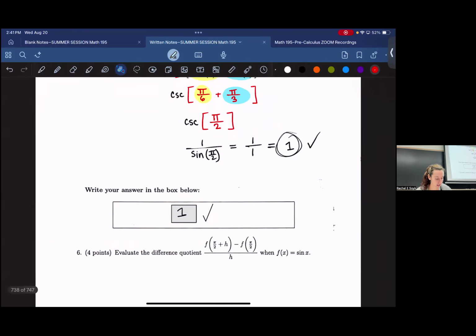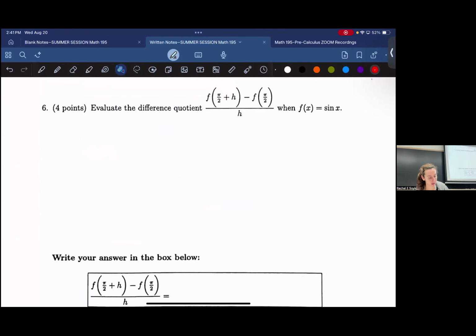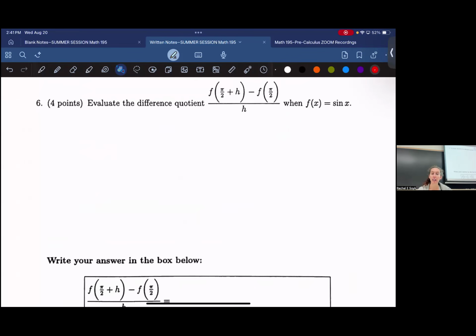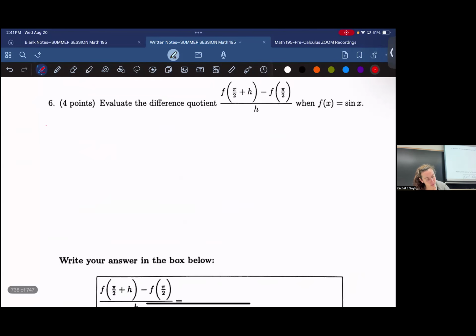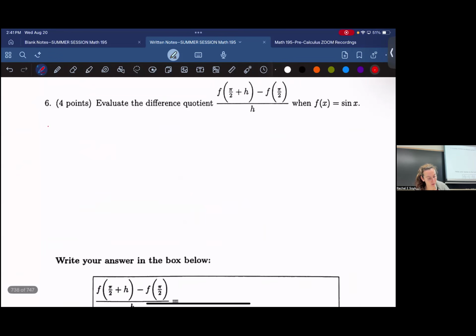Question 6. Looking at a difference quotient. So we have f of pi over 2 plus h. So wherever you see an x in our function, we're going to draw in our parentheses. So sine parentheses. And we're going to fill that with our pi over 2 plus h.